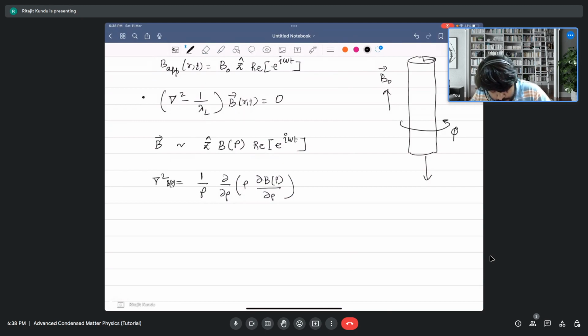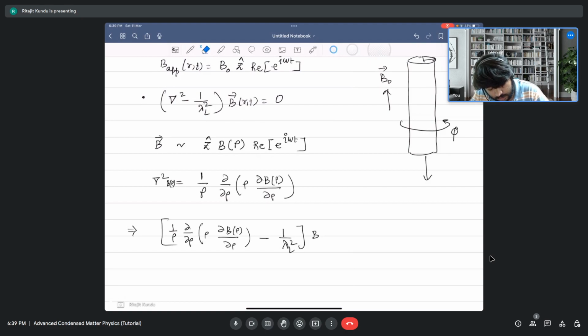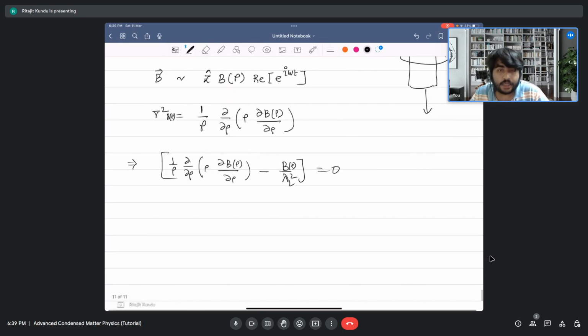So let's put everything together. We have 1 by rho, del by del rho of rho del B by del rho, minus 1 by lambda L squared times B of rho, equals 0. Now we'll try to solve for B of rho. Let's simplify this further.